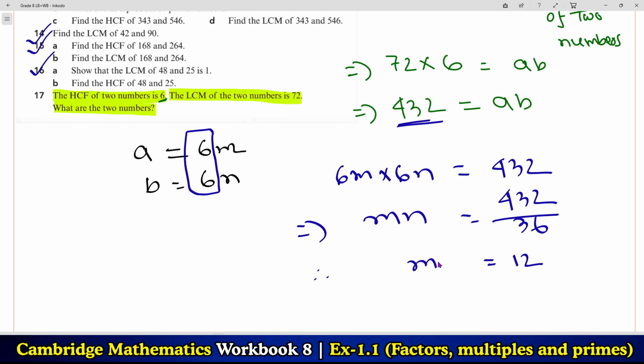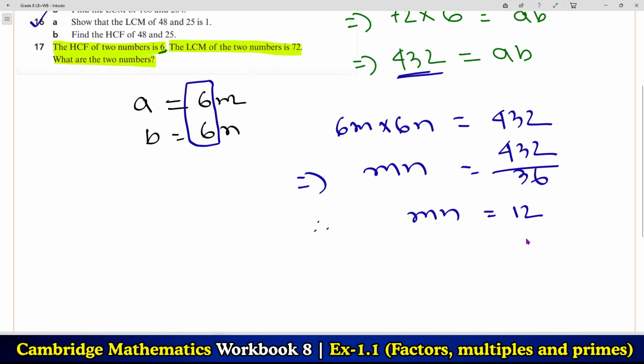So mn equals 12. What are the possible combinations of 12 to get mn? Let's say 1 and 12, 3 and 4, or 2 and 6, right? 1 times 12 is 12, 3 times 4 is 12, 2 times 6 also 12.